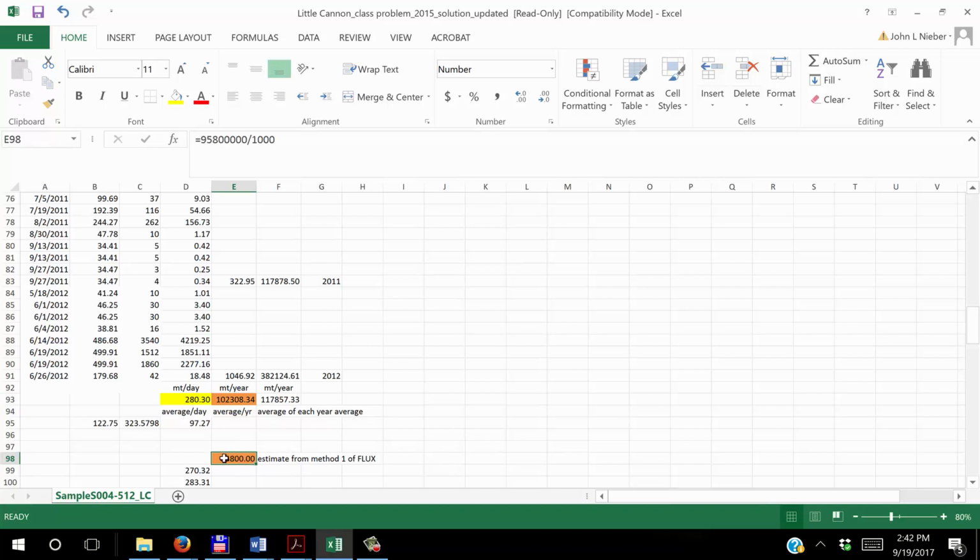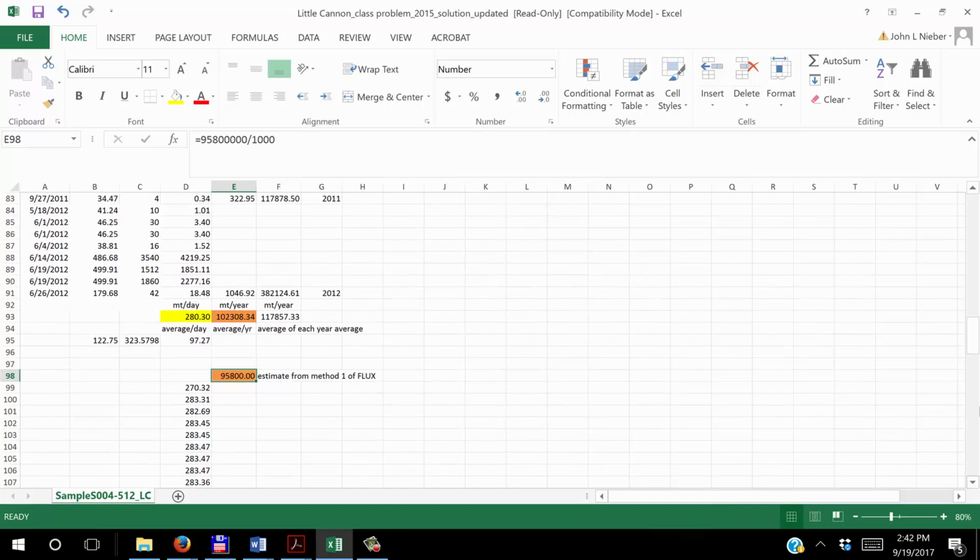Using the flux model to estimate the load, it gets a value of 95,800 using method 1, which is essentially using the same procedure which I just showed here. So I'm not sure why there's a difference between them. They're fairly close, but I'm not clear on why we get this difference between 102,000 and 95,800.